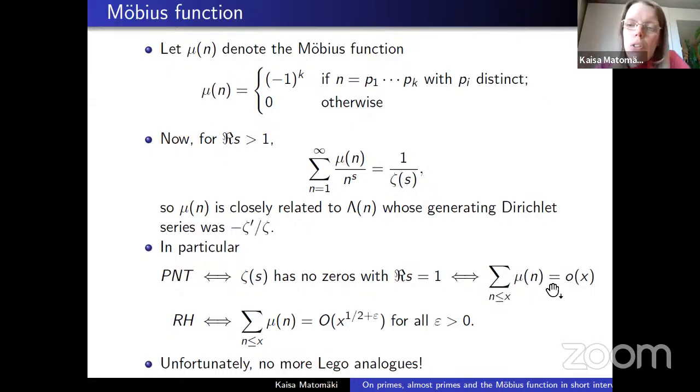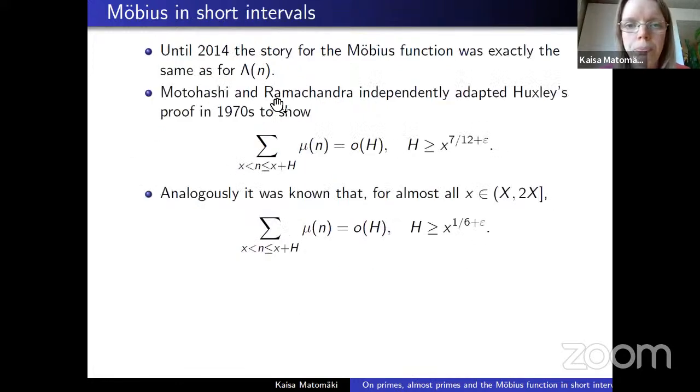In about the same way, if you look at a random integer up to x, the likelihood that it has an even number of prime factors is about the same as the likelihood that it has an odd number of prime factors. And also the Riemann hypothesis is equivalent to the fact that there is cancellation when you sum the Möbius function. And well, I don't have any Lego analogs anymore about the Möbius.